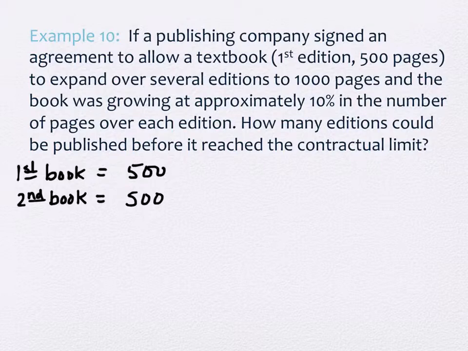So it was 500, and then you multiplied it by 10%, which means you really multiplied by what decimal? 0.10. And then you added to it what? The original 500, right? 10% of 500 would be the 50, and you added the original 500 pages. Is there a way to write this in a little bit more of a condensed form?